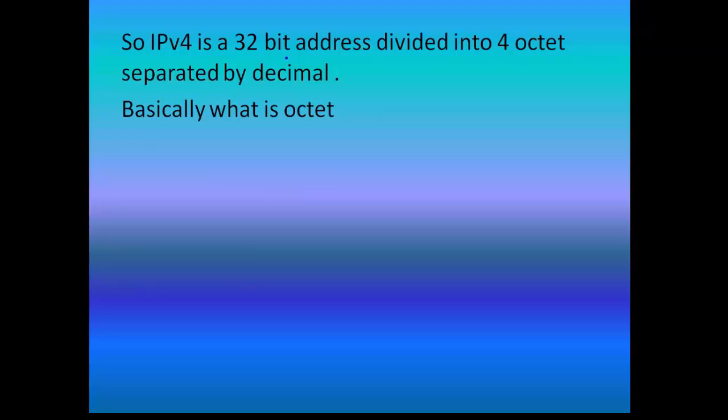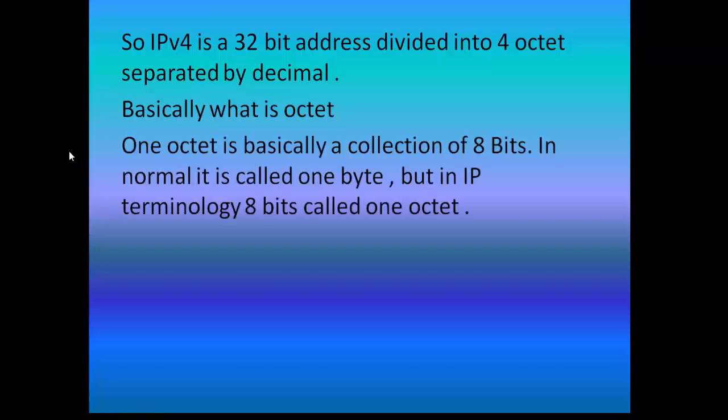Hope you are familiar with the terms bits and bytes. So 32 bits divided into 4 octets separated by a decimal. Now what is this word octet? I don't want to leave a single word that makes you confused. An octet is basically a collection of 8 bits.